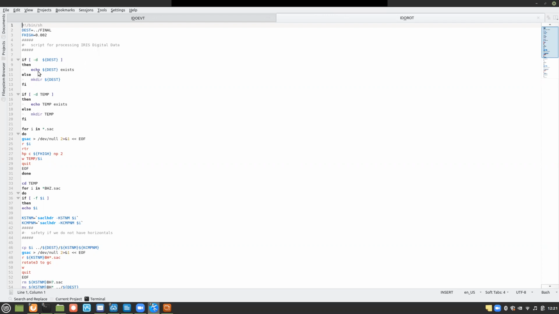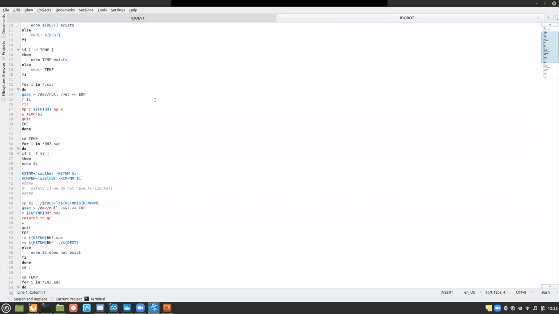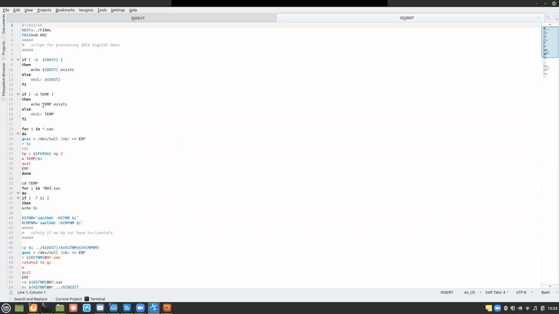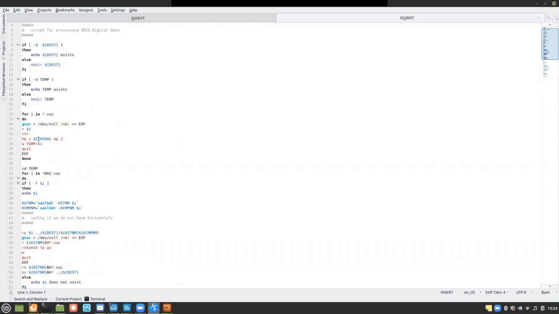These are just some Unix commands, make directory, delete directory and everything. And then this part is not retained. And then this part is the rotate.